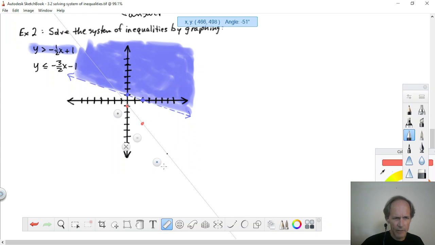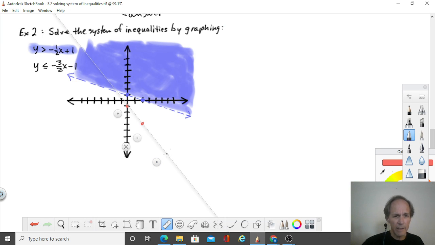This one is going to be a solid line because it's less than or equal. And we will put the arrows on it, and we will shade which side of this one?